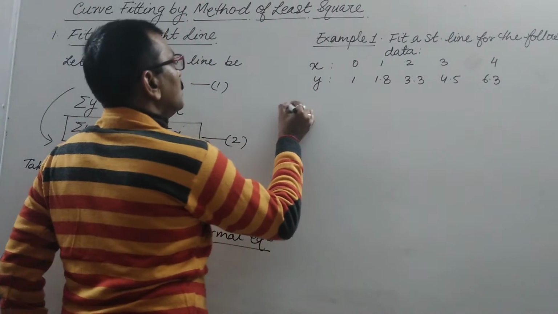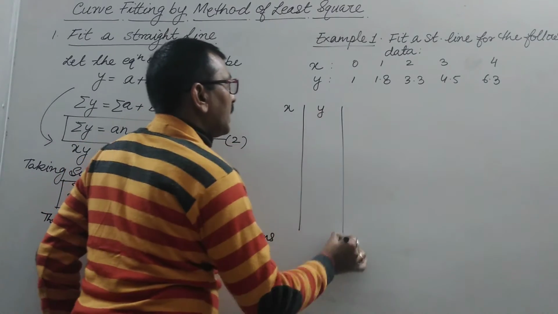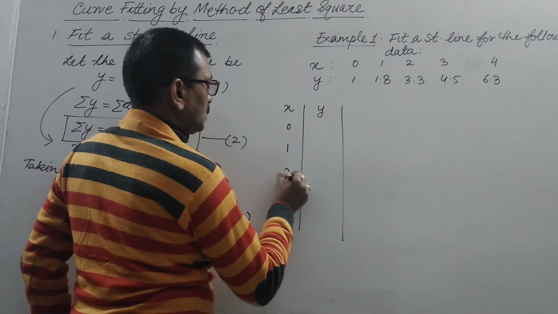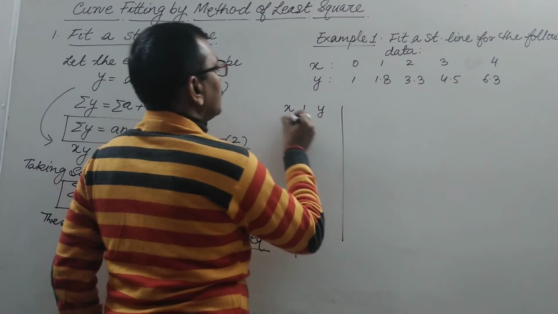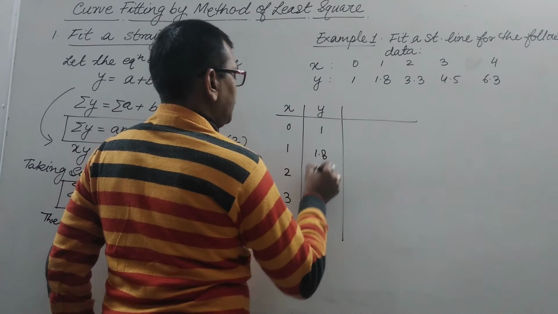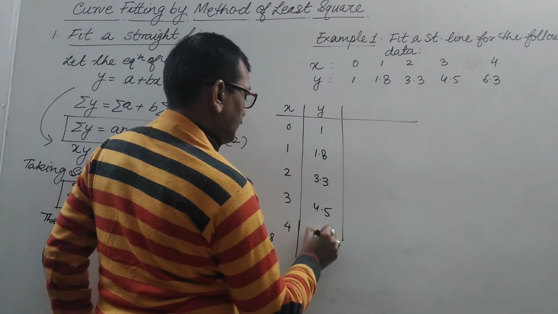For this, you will make a table like this: x, y. So x will be 0, 1, 2, 3, 4, and y here is 1, 1.8, 3.3, 4.5, 6.3.